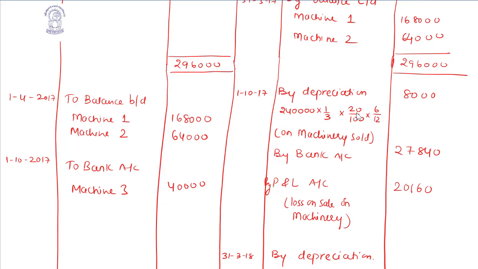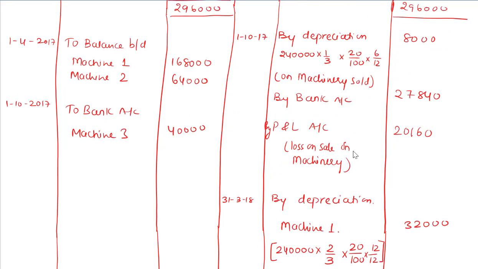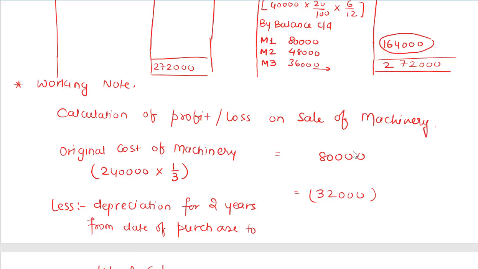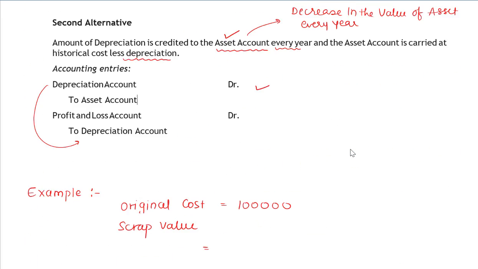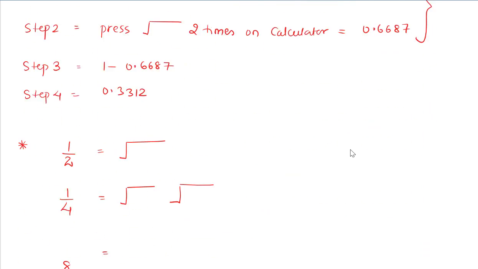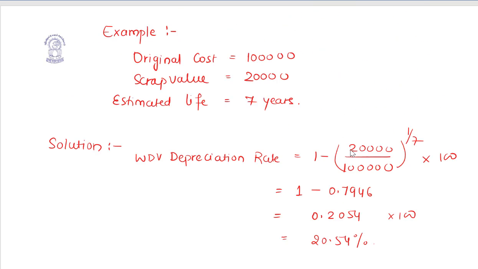Along with that, we also recorded the purchase and sale. After that we shifted to the reducing balance method, that is WDV. We learned its accounting, and after that we concluded this.